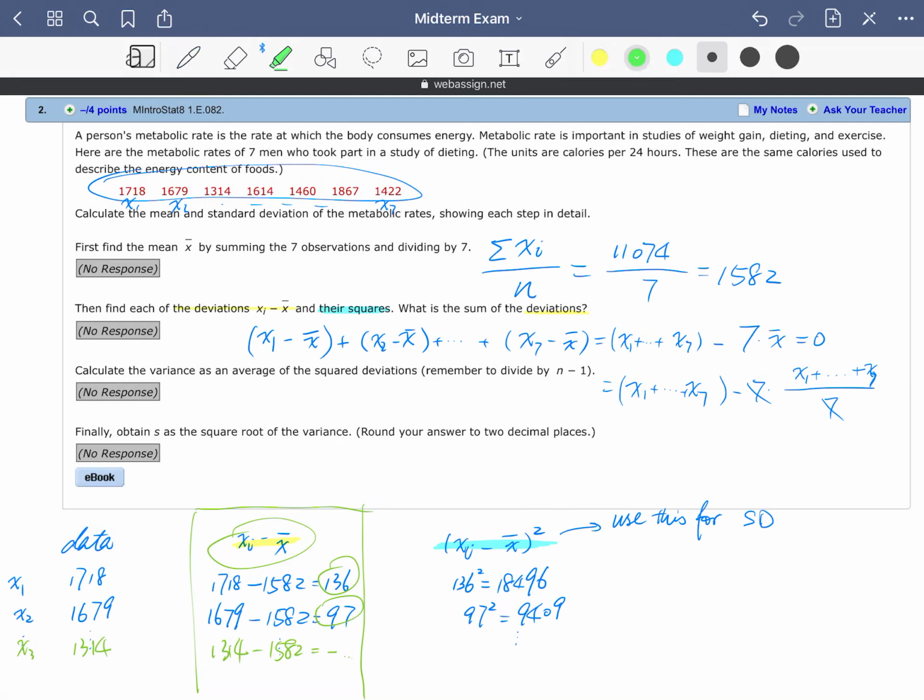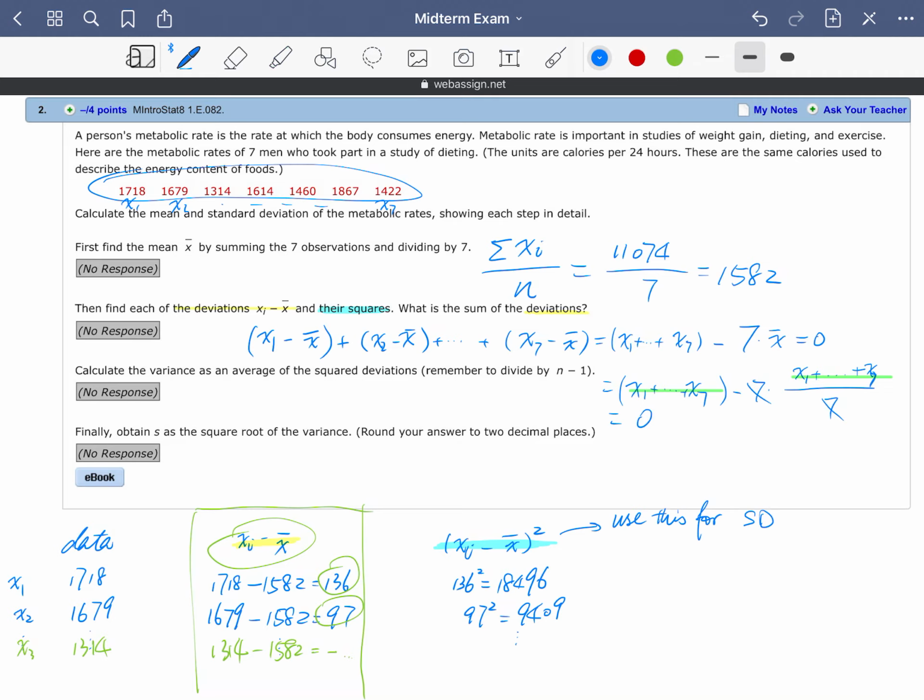Now you see this part is that part, so this part is always 0. So the sum of the deviations, not the standard deviation. Here, deviations and the standard deviation are two separate things. This question asks for the sum of the deviations, so it will be the sum of this green column here. So it's always 0.